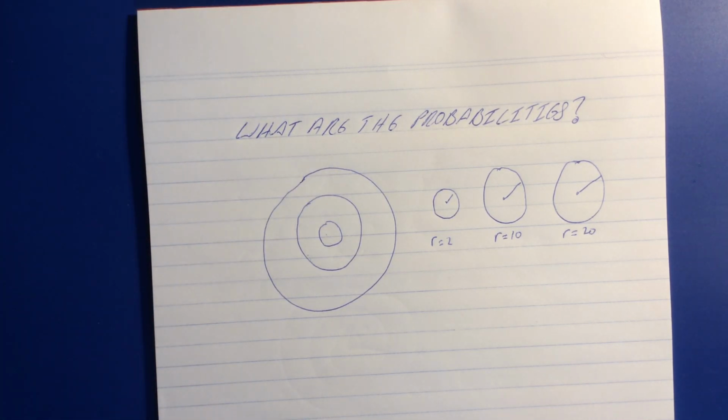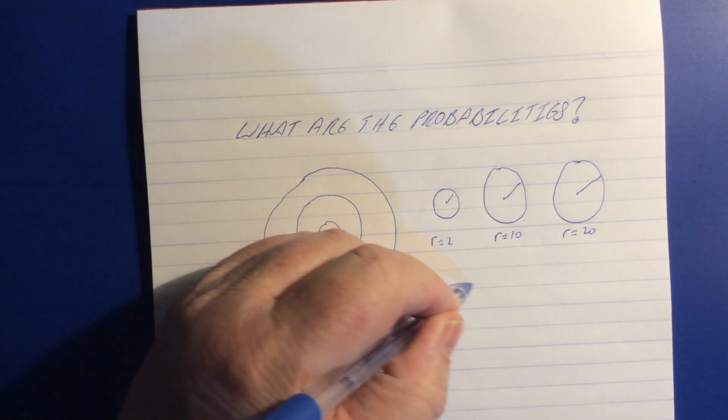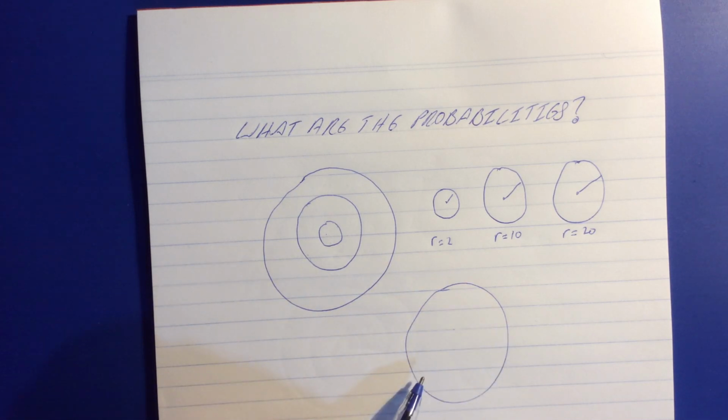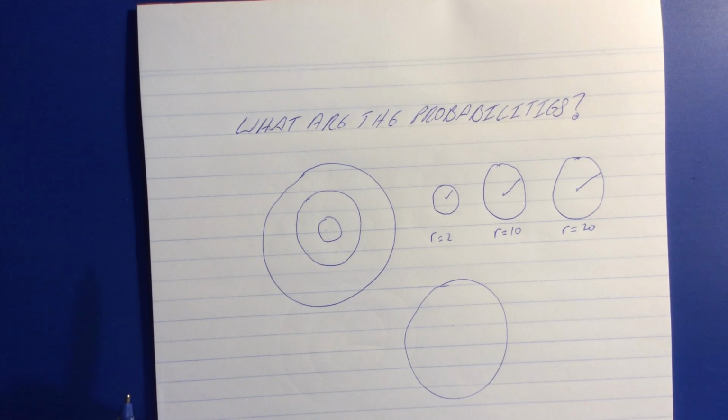Well, let's consider the large part of the board. If this were all you had, and you were absolutely certain that you would hit it, then the probability of hitting it would be 1. But that's not the case.